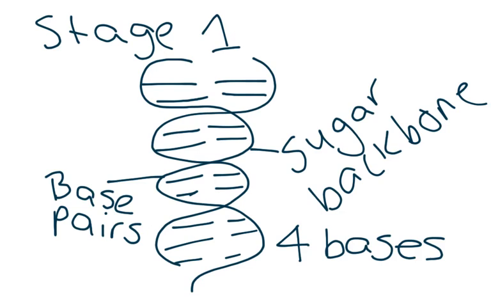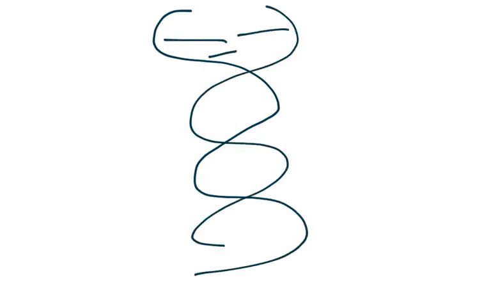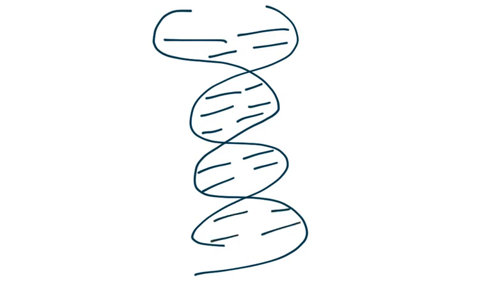So just note, again, we've got the sugar backbone, really, really strong. These lines here are our base pairs, and we have 4 base pairs. So if I was to draw that again really quickly, we have a DNA strand that I had before, the base pairs, sugar backbone, or sugar phosphate backbone, and our base pairs.